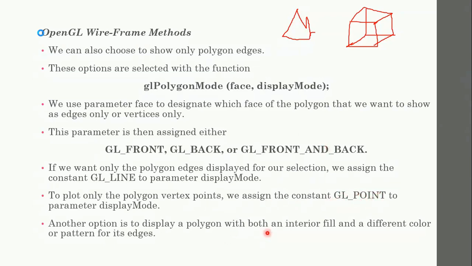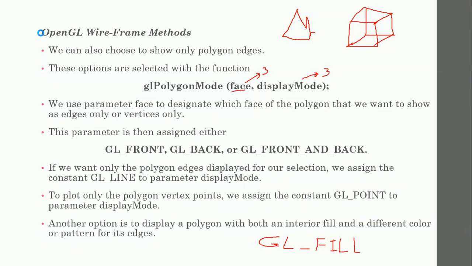Another one, you have GL underscore fill. So if your polygon has to be filled with any color, then we can go for GL underscore fill. So this is also one more option you have in case of polygon filling. So three different parameters can be chosen here. Again, three different parameters can also be chosen in this case.